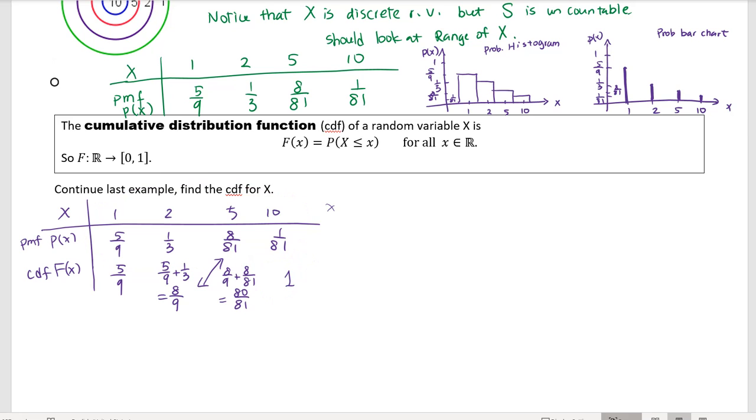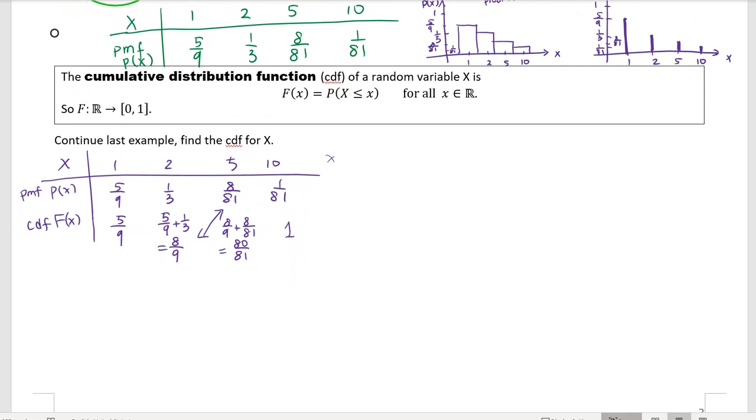So let's draw pictures of the CDF. F of x, we can write this down as: it's 0 when x is between -infinity and 1. When x is 1 to 2, not including the 2, we get 5/9.